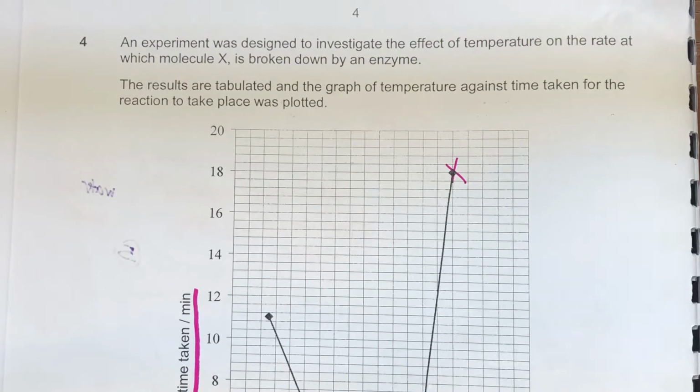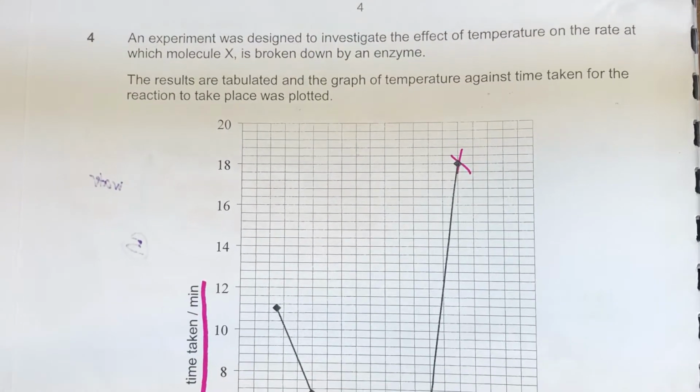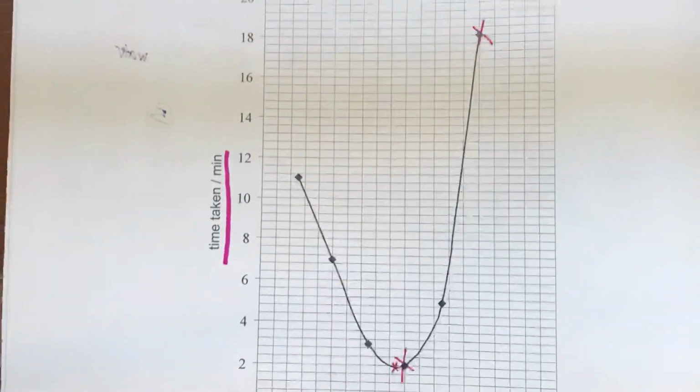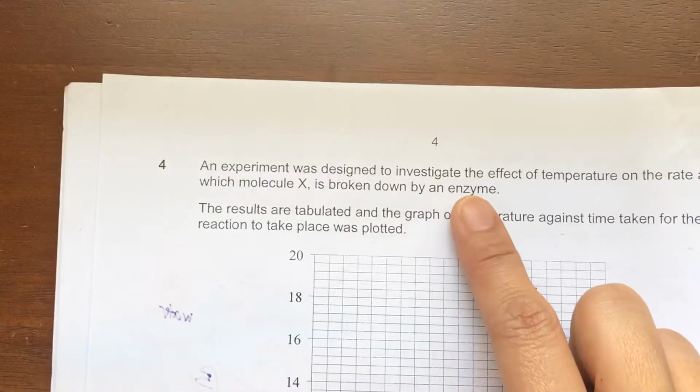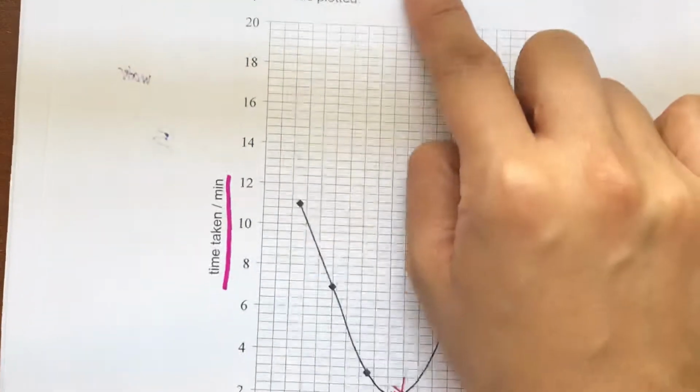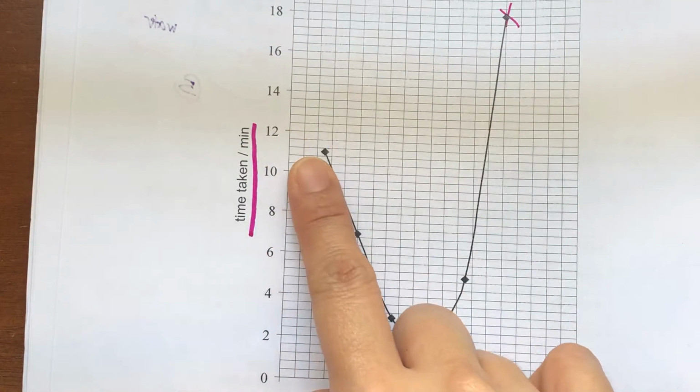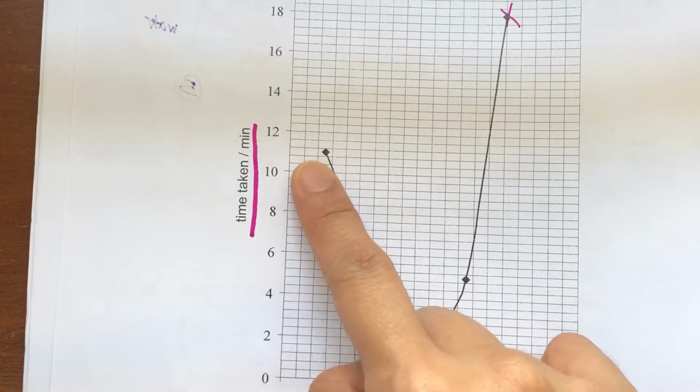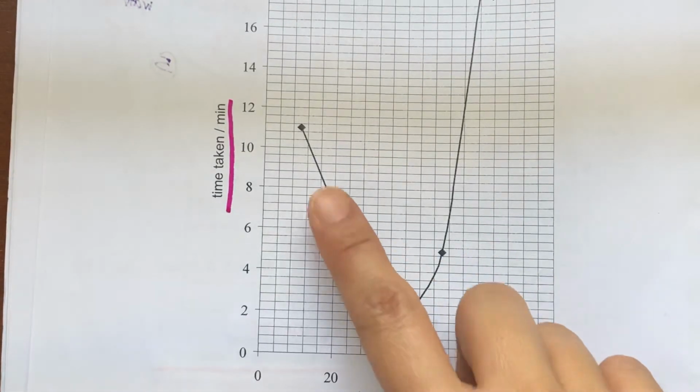For question 4, part C, this question is of course about enzymes. In this experiment they give the time taken versus the temperature.